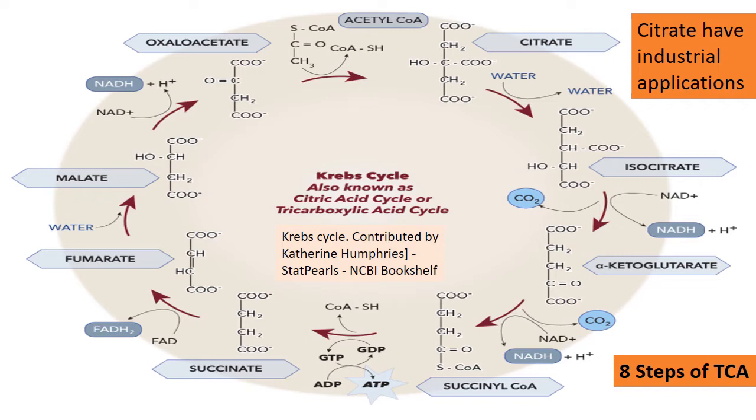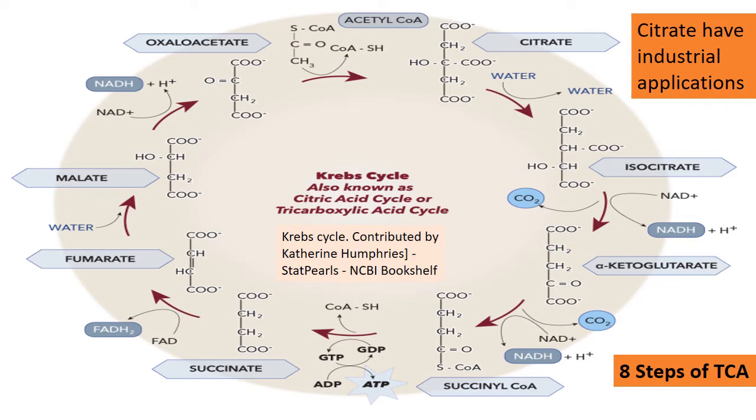So out of these 8 steps of the TCA cycle, only 3 steps are irreversible. The first is oxaloacetate and acetyl-CoA conversion into citrate. Second, isocitrate conversion into alpha ketoglutarate, and third, alpha ketoglutarate into succinyl-CoA.